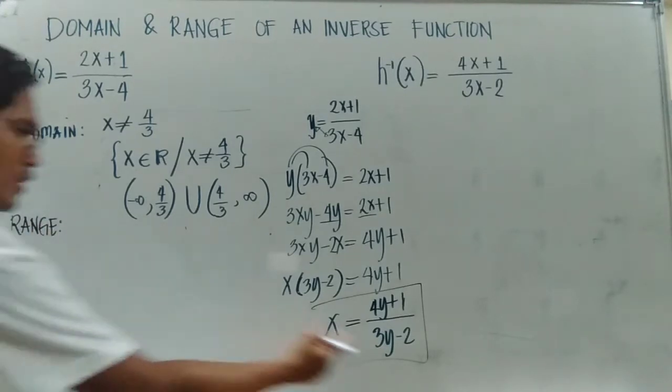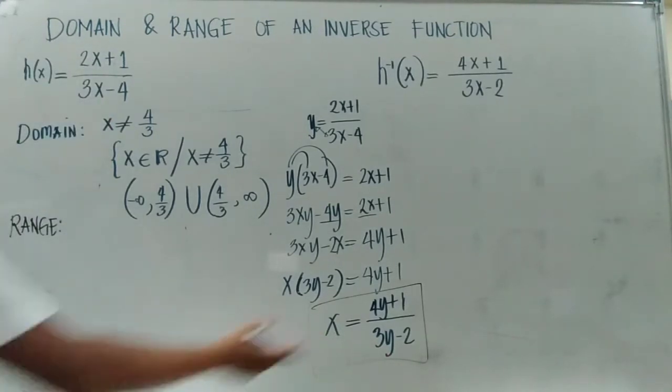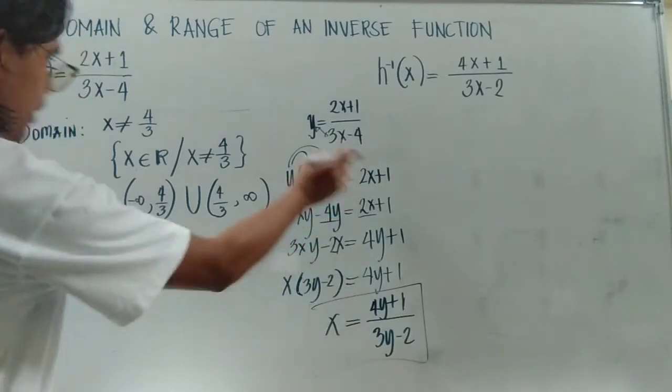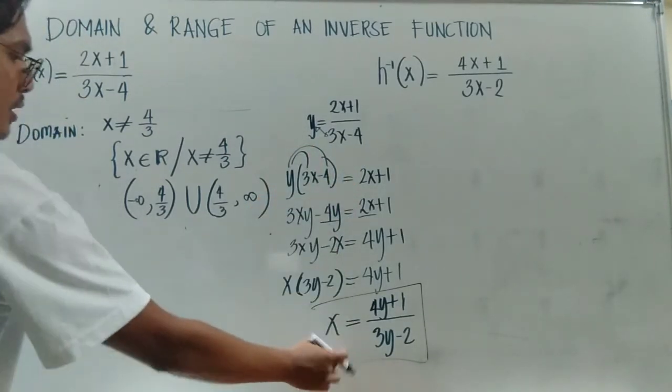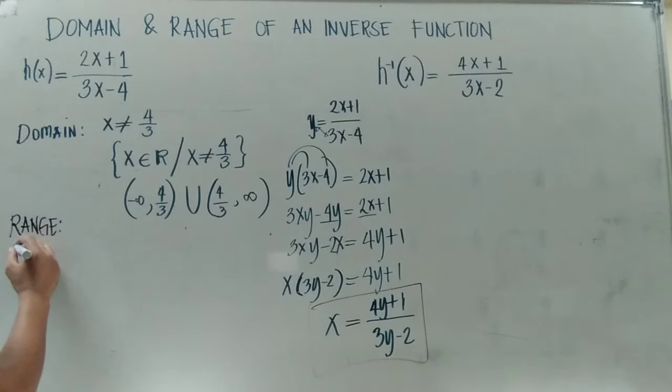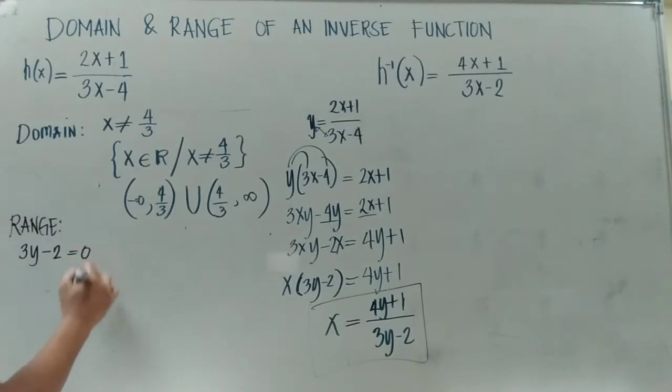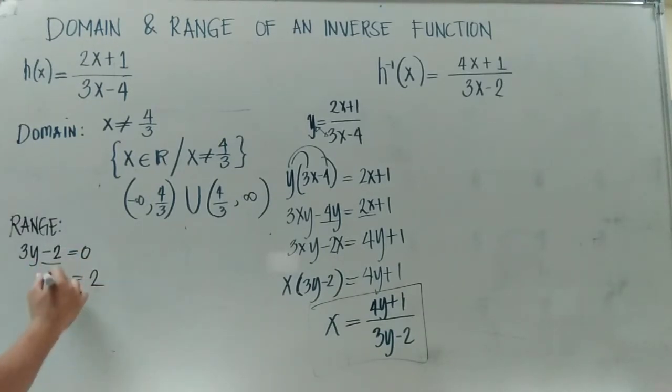Solving for the range, just identify the denominator after you simplify h into x form. So we have the denominator 3y minus 2, equate it to 0. Then minus 2 will be transferred, so we have positive 2 equals 3y. Then y is equal to 2/3.